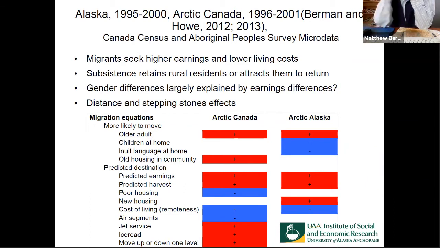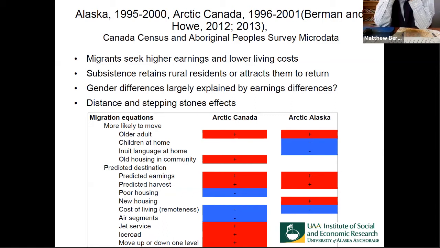So as we move forward in time, we now go to 1995 to 2000. And here we were able to do a study where we could study the differences between Alaska Native people in the United States and their counterparts in Arctic Canada. It's important to know that the majority of these people are of Inuit ethnicity, and the Inuit are also the majority of the indigenous people in the Arctic in Canada.